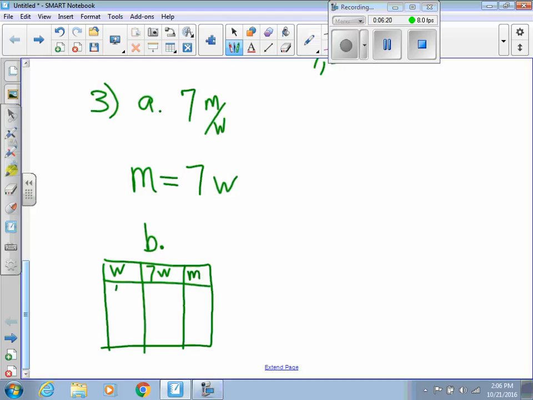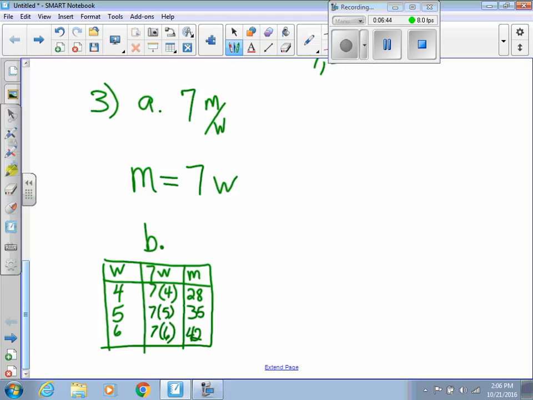So if we do 4 weeks, and we're doing 7 for 4 weeks, that would be 28 movies. 5 weeks would be 35. 6 weeks would be 42, and so on.